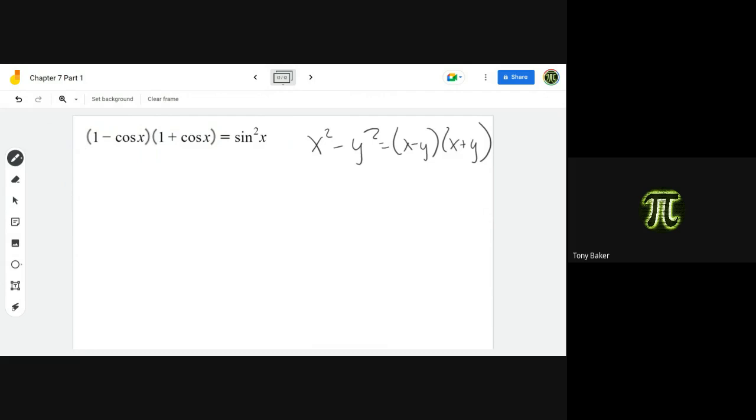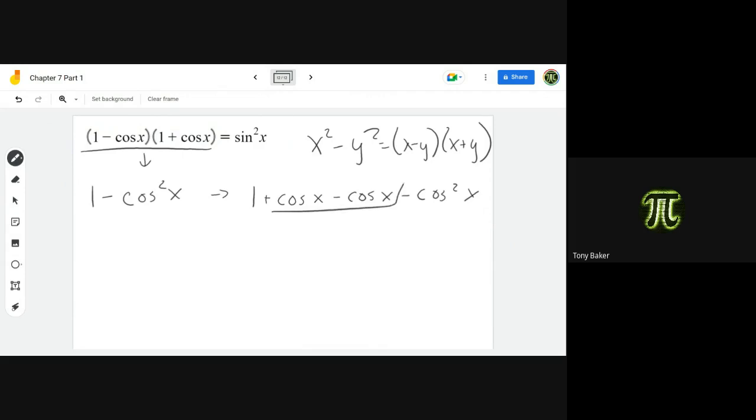So we have this right here. Those are conjugate pairs or the difference of squares. So this becomes 1 minus cosine squared x, because you have 1 plus cosine x minus cosine x minus cosine squared x.